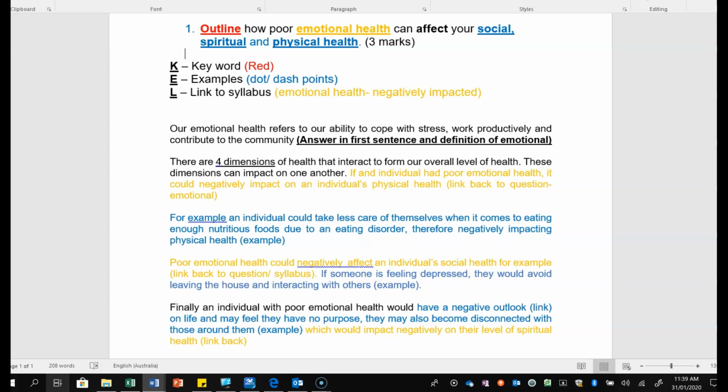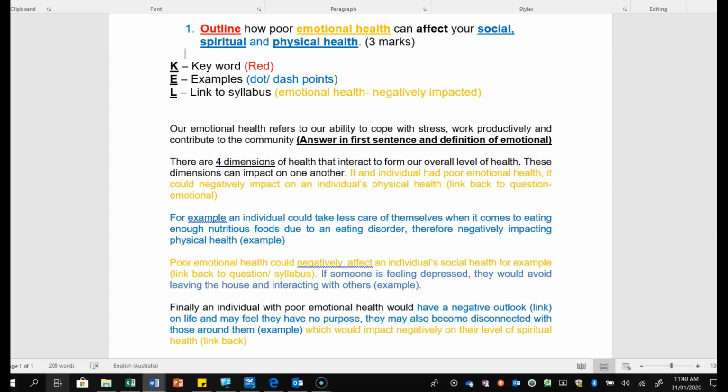I've then moved on to stating a link back to emotional health. Again, before you get into your examples, tell the examiner that an individual who has poor emotional health can negatively impact their physical health and other areas. So here I'm going to start to address the question and move on to my examples.